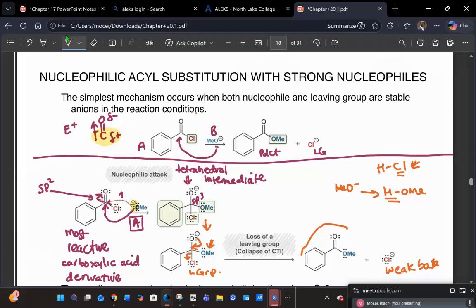So we get this structure right here. That is an ester. So generally we have moved from the acid halide and added an alkoxide to give us an ester.